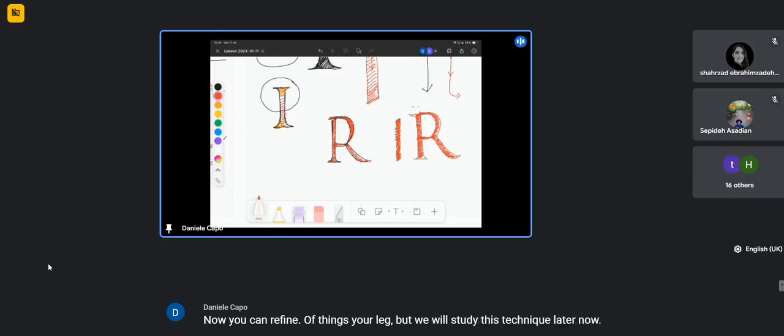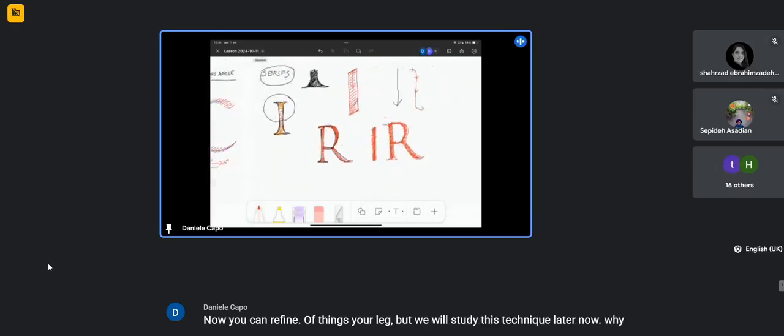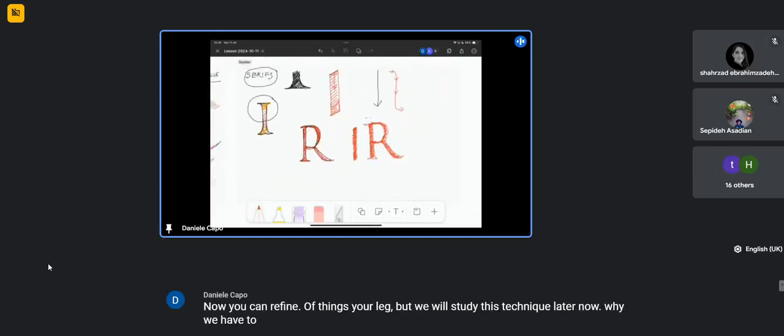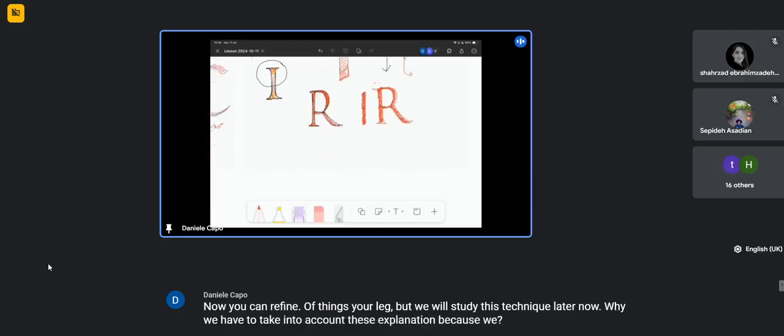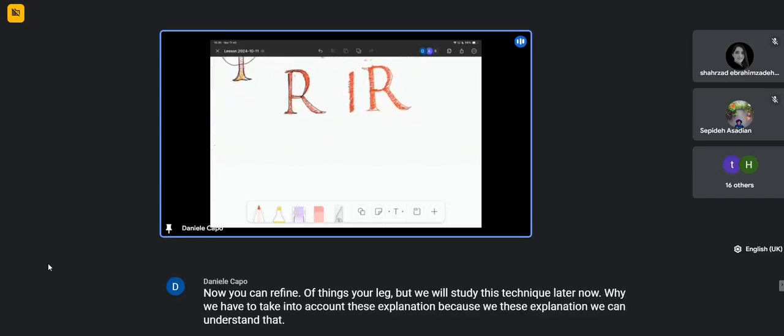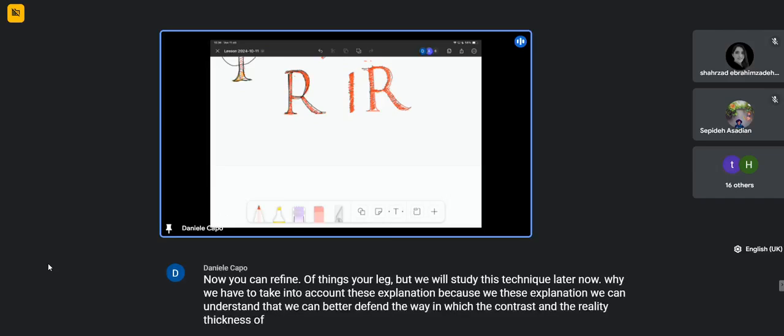Now, why do we have to take into account this explanation? Because with this explanation, we can better understand the way in which the contrast and the relative thickness of strokes is distributed along the letter and around the different letters.